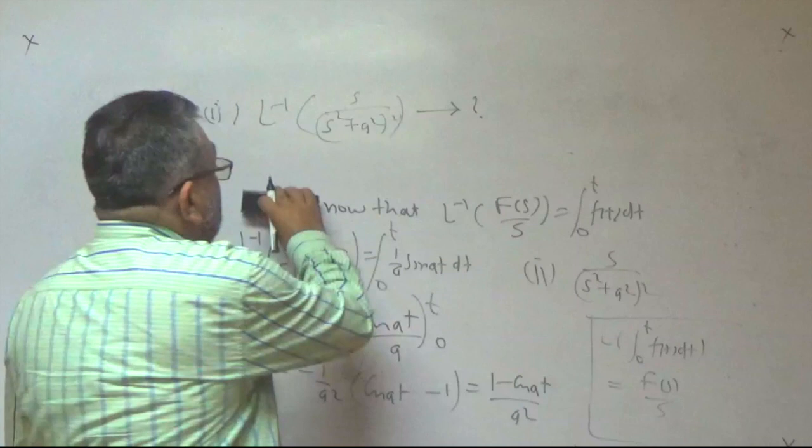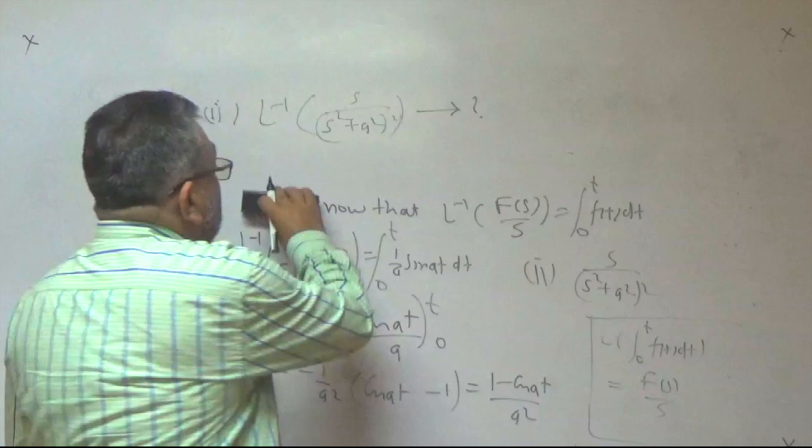Take the same example, s upon s square plus a square whole square. Take this as an example, right? We have to find the inverse Laplace transform of this.